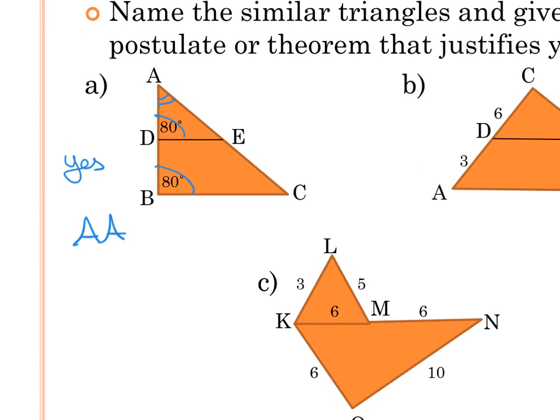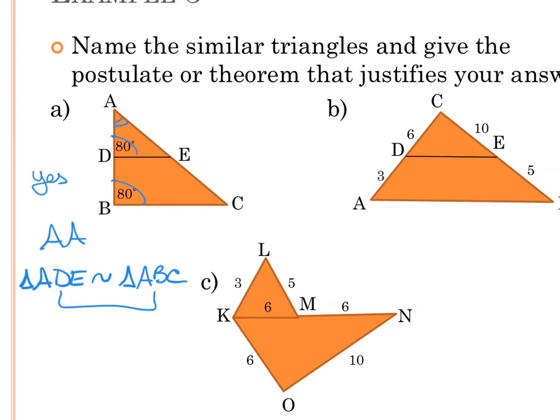All right. So we could actually write a similarity statement here. We could say triangle ADE is similar to triangle, same A, and then BC. Notice the D and the B both had the 80, and that's why I put those together.